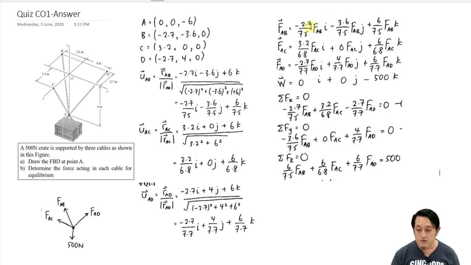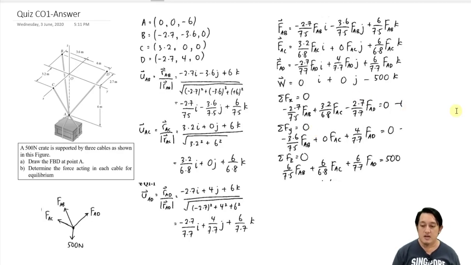So we combine all the i, all the j, and also all the k. So when we do it like this, we can get 3 equations with 3 unknowns.